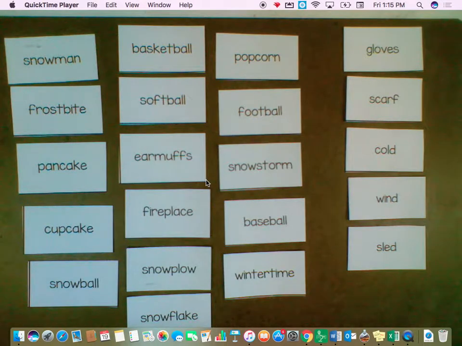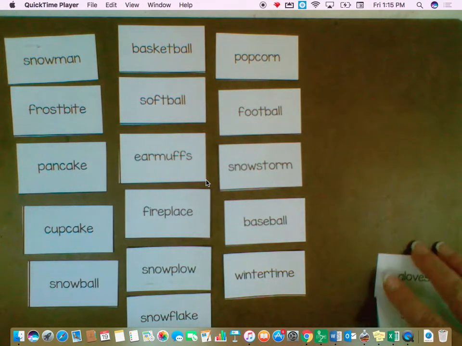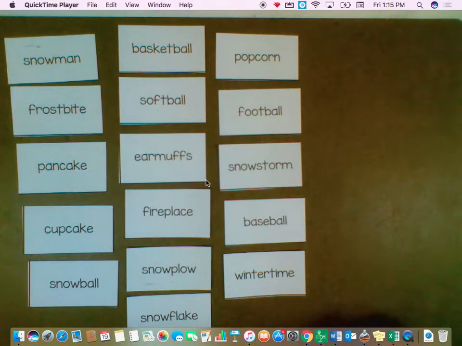compound words. Now looking at my compound words, I'm wondering if you can sort these words according to whether they have to do with winter or whether they have to do with something else. So I want you to sort them according to whether they have to do with winter.